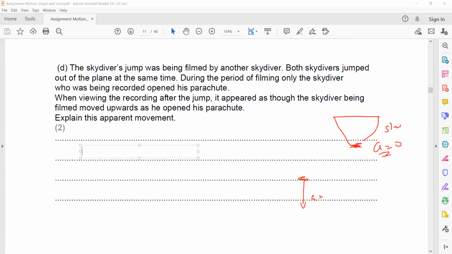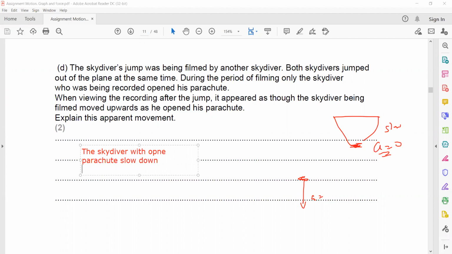So the skydiver who opened the parachute slowed down.